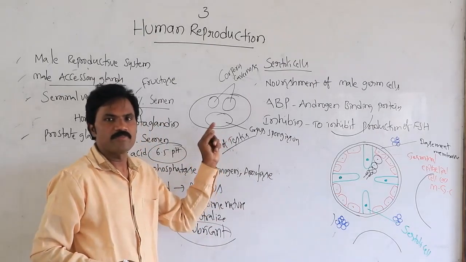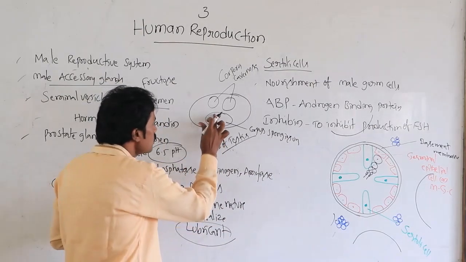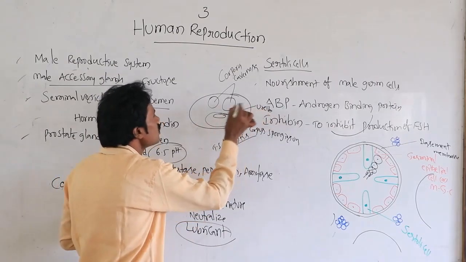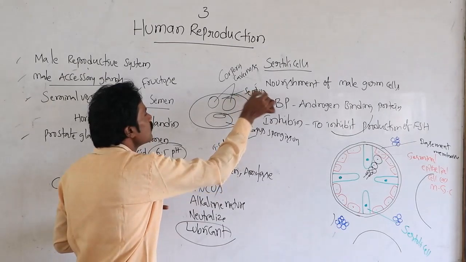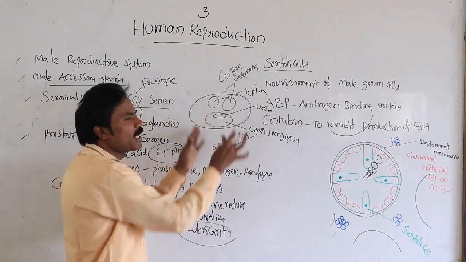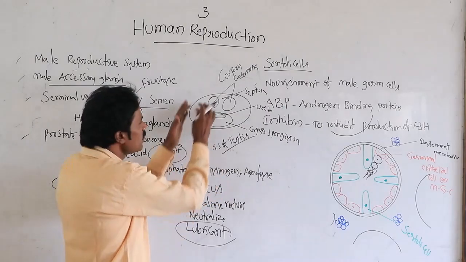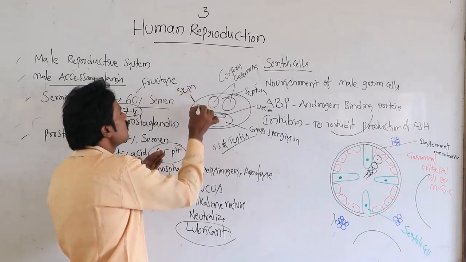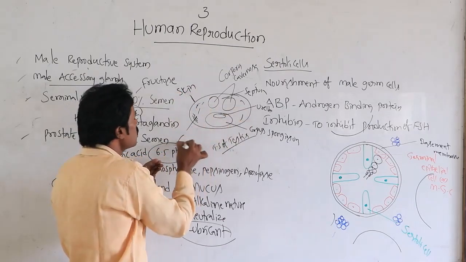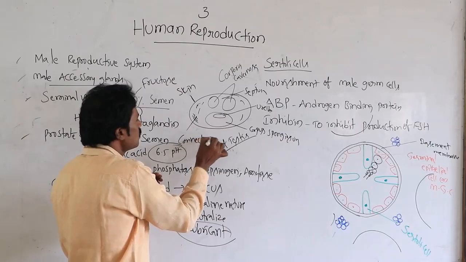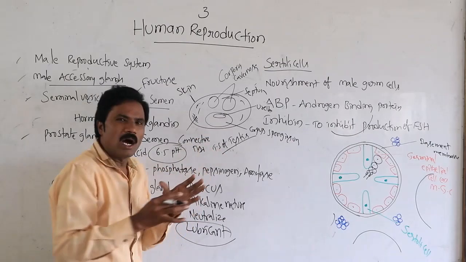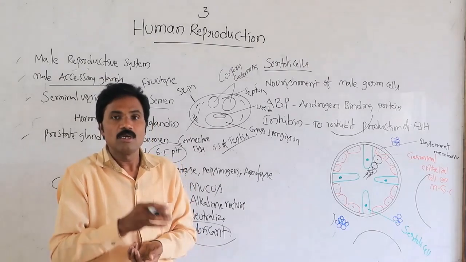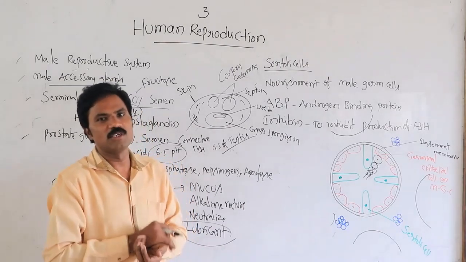In this corpus spongiosum, the urethra is present. This is the septum. The remaining parts are blood vessels, arteries and connective tissue, and this is the skin part. In between is connective tissue. At the time of stimulation, these muscles become erect by nature. That is helpful for coitus or fertilization.